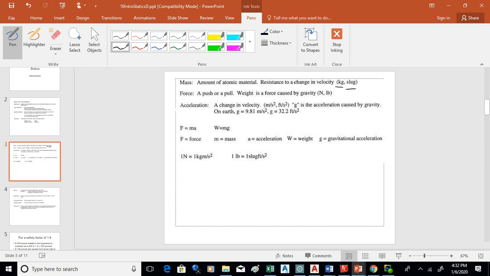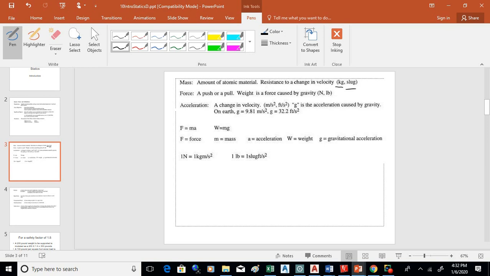So I'll give you problems in both systems of units, because if you work in structural engineering, you're going to be dealing with pounds and kips and things like that. Okay, acceleration is a change in velocity. Okay, that's measured in meters per second in metrics, feet per second in the English, also called imperial system. G is the acceleration caused by gravity on Earth.